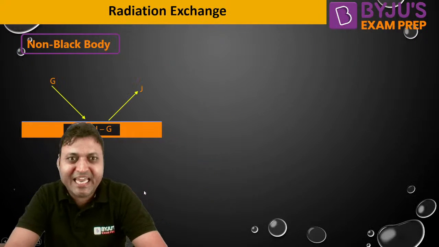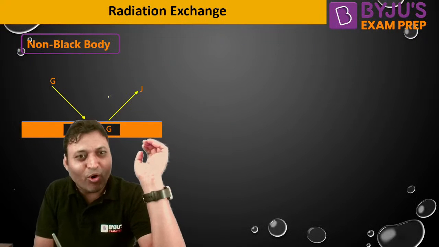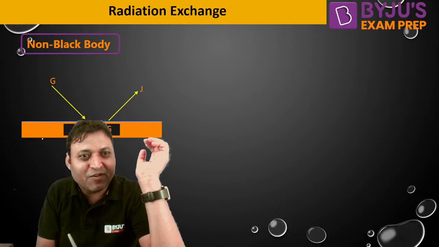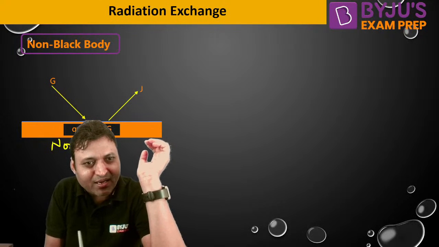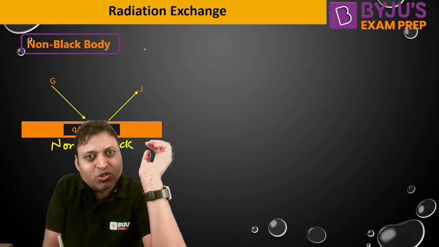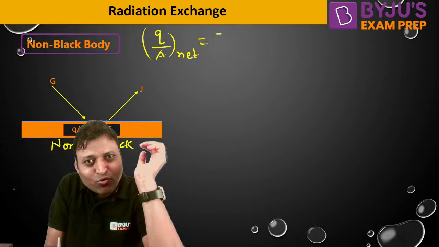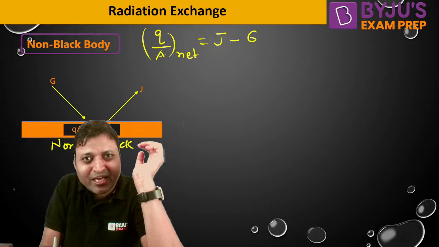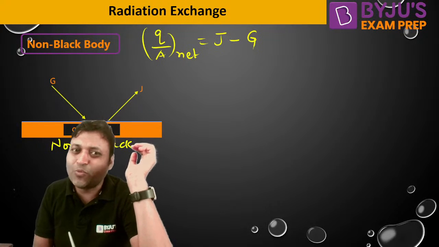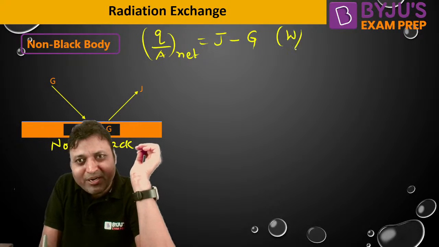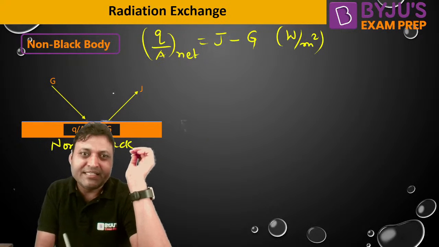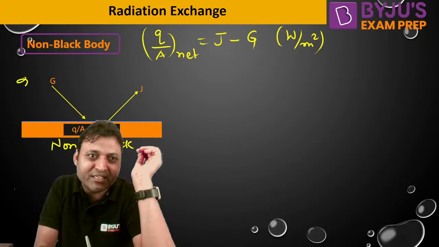If we talk about J, for a non-black body, the net heat transfer from a non-black surface: can we say Q by A net is equal to the radiosity minus insolation, J minus G? Q by A net, the unit is watt per meter square, isn't it? J is the radiosity, G is the insolation.